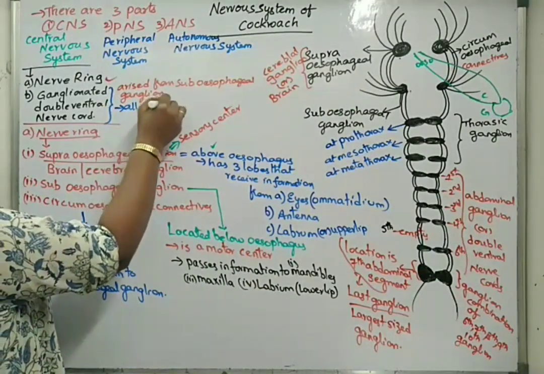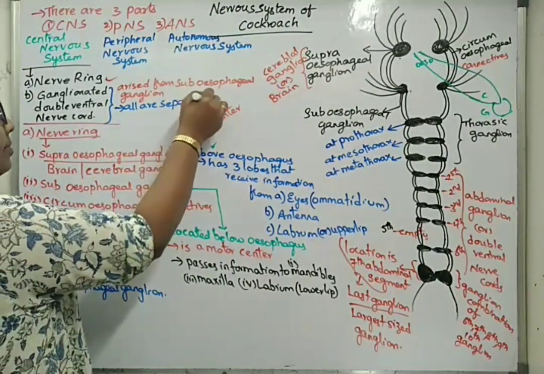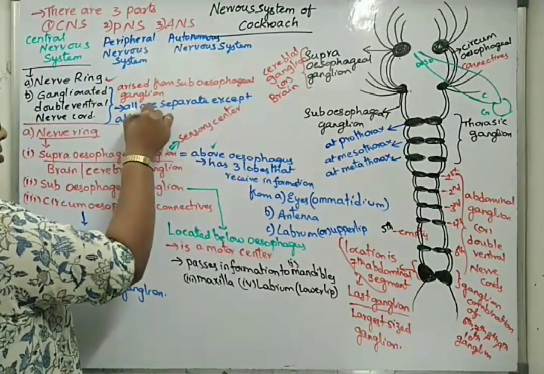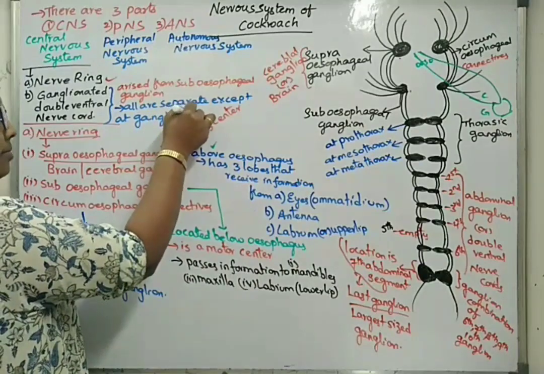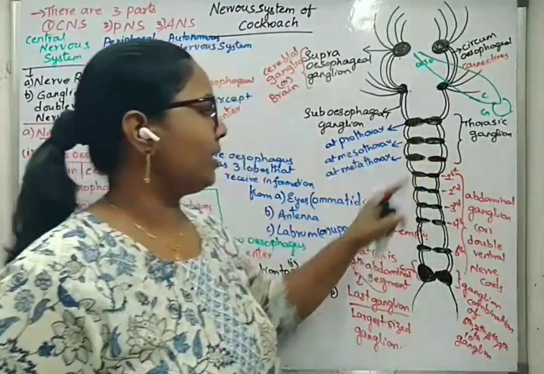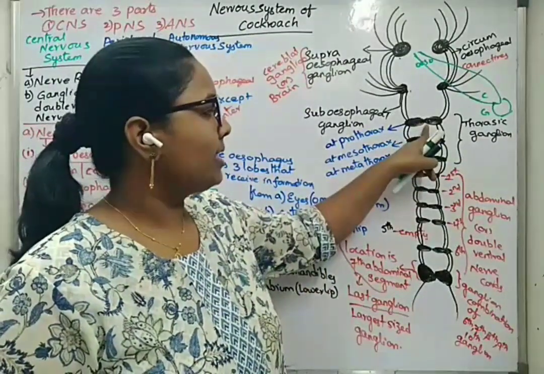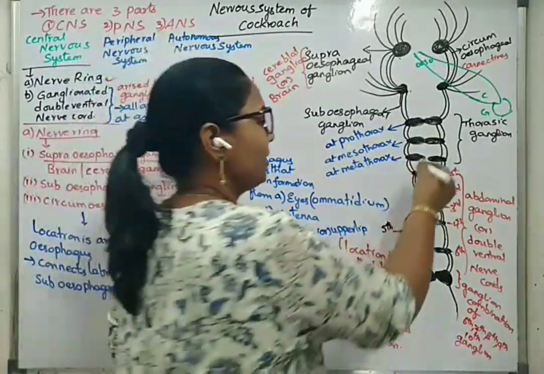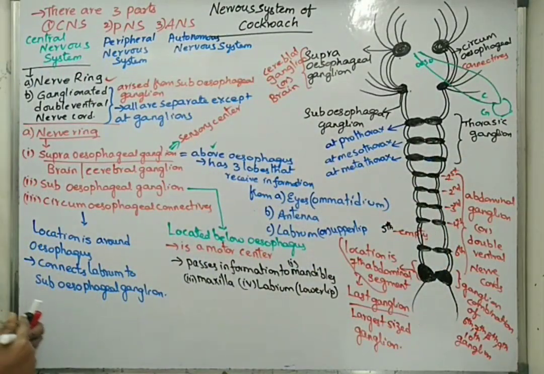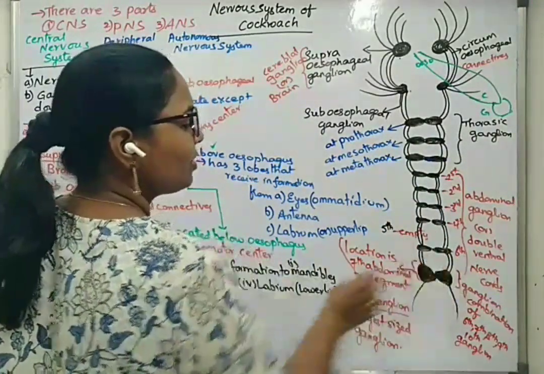All are separate except at ganglions. Here we can see these are not in contact with each other, but there is connection between the ganglions. So double ventral nerve cord is running up to the 7th segment.